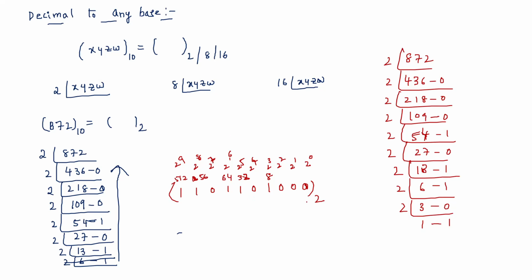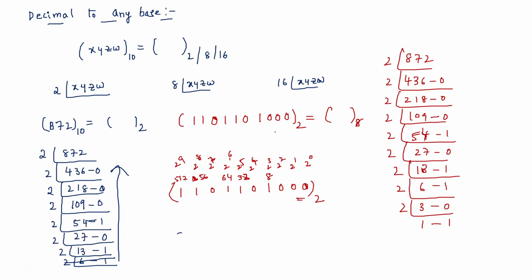Similarly, here is my binary number, 1101101000. I want to convert this binary number to octal. How can I convert it to octal?